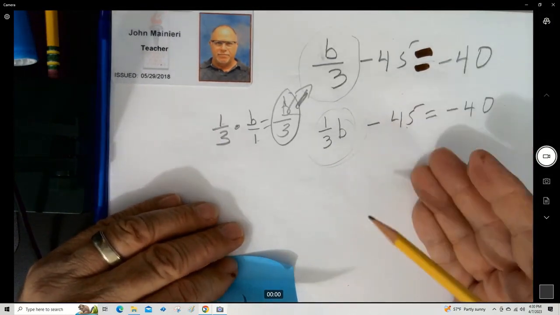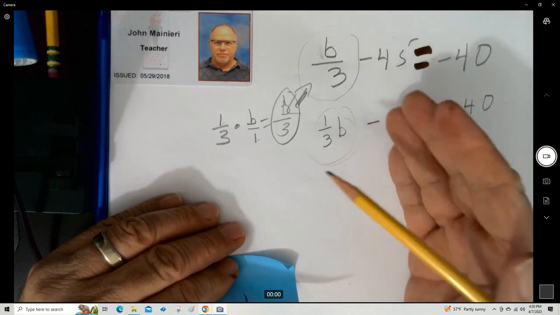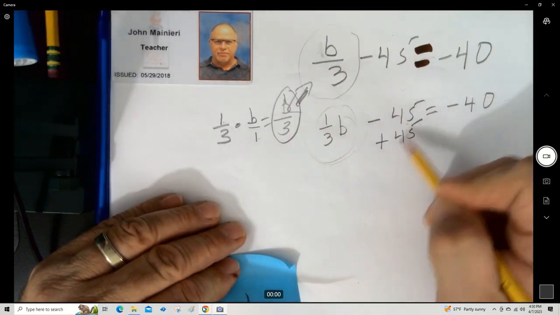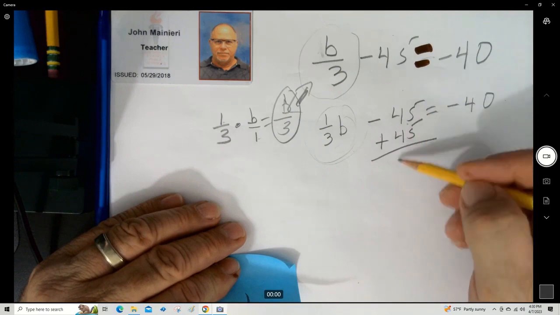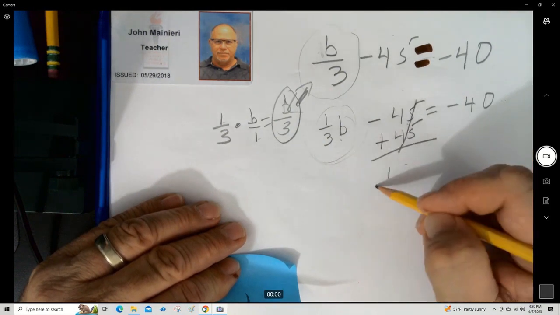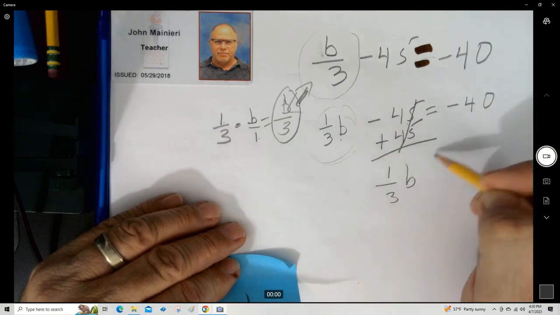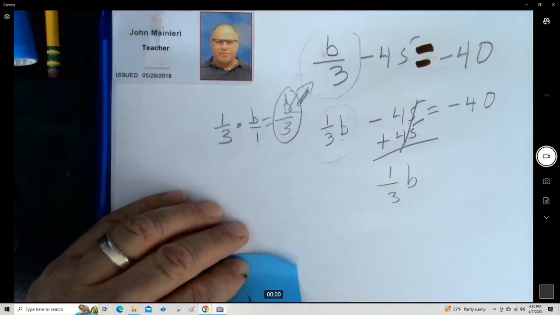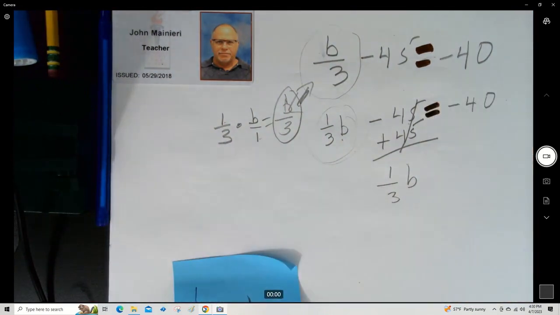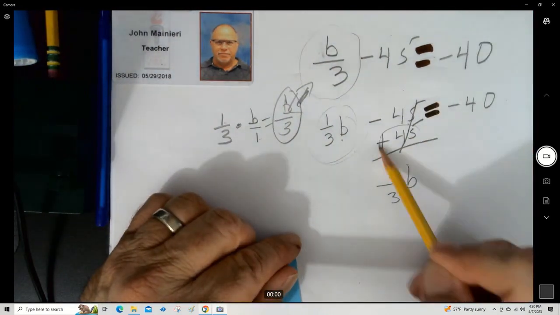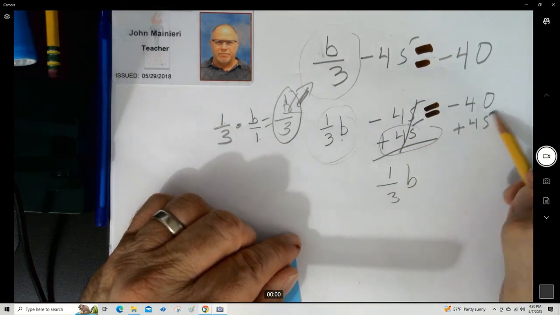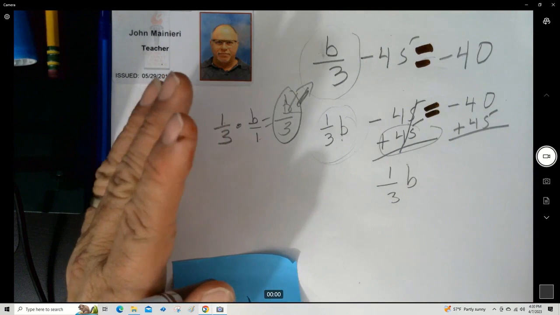We want it to become 0, because 0 plus any number is that same number. But we do it to both sides of the equal sign.